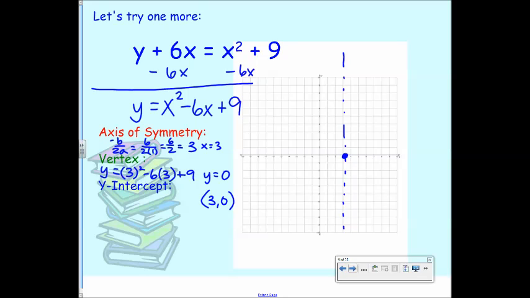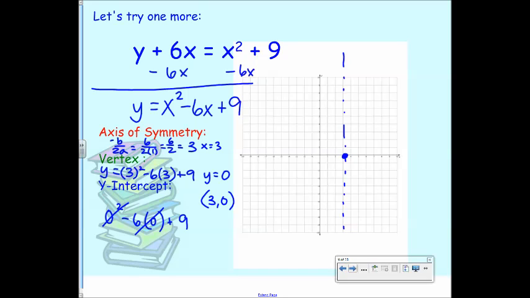All right, and then the last thing is find the y-intercept. How do I do that? Plug in 0 to x. So 0 squared minus 6 times 0 plus 9. What's 0 squared? 6 times 0.